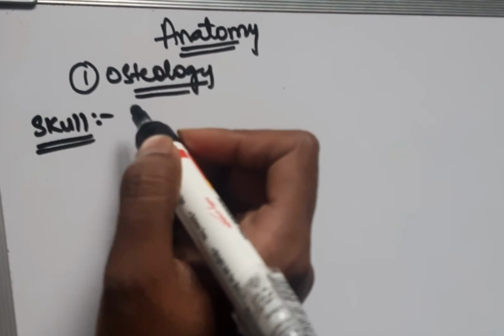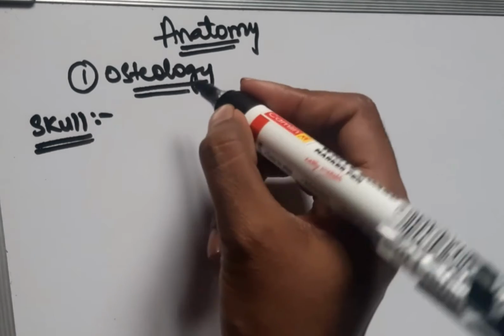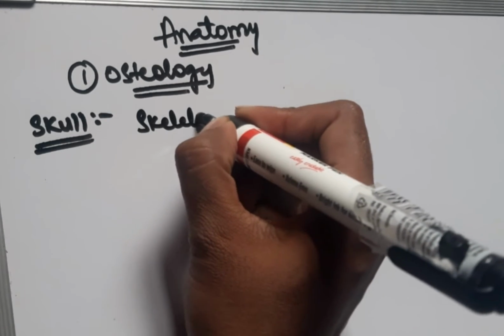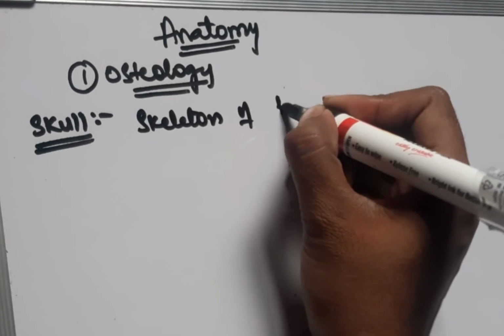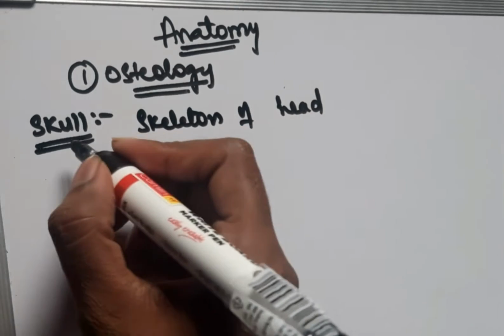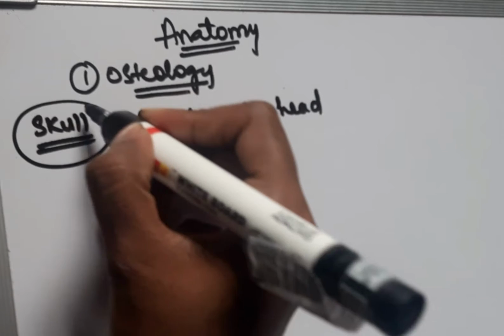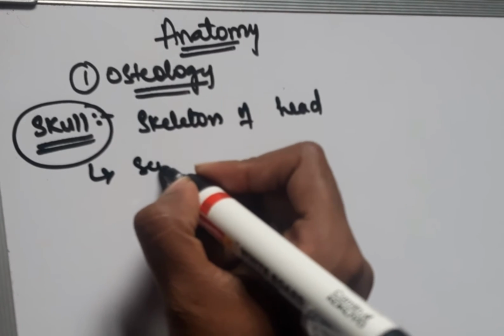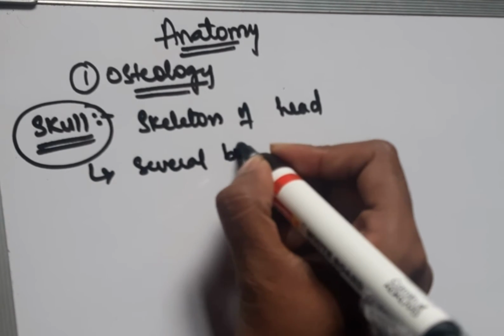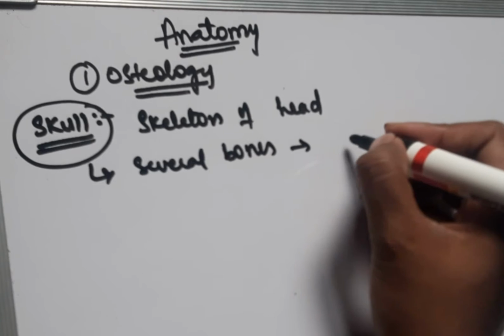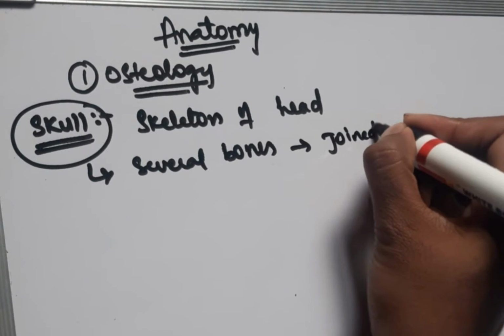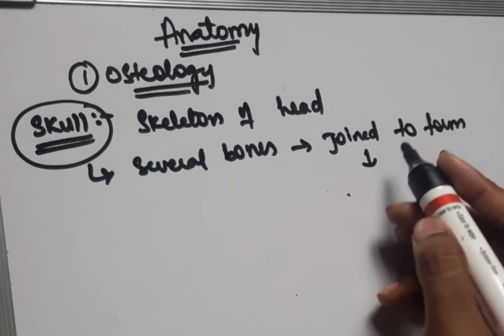Okay, so what is the skull? Skull is the skeleton of head. Skeleton of head is known as the skull, and the skull consists of several bones, and these several bones are joined to form the calvarium.